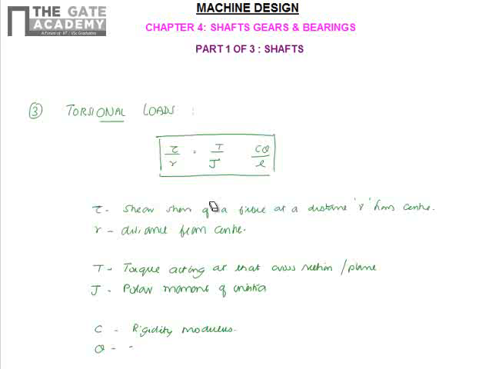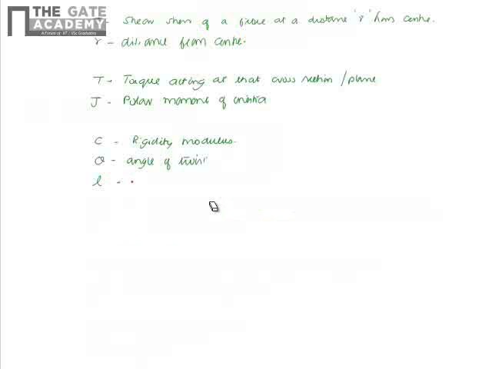Theta is the angle of twist, and L is the length of shaft. So these are different parameters.